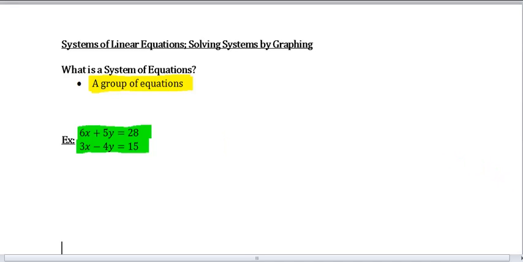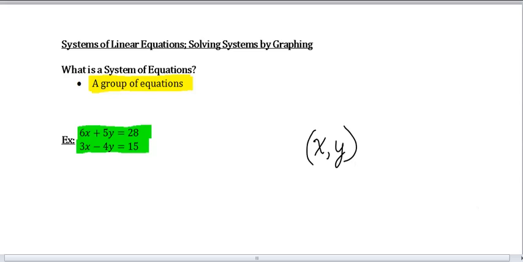Our goal in this section is to learn how to solve these by graphing. But before we learn how to solve them, we need to know what their solutions are going to look like. Of course, you see an x and a y, and our solutions are going to involve x and y. Normally when we have an x and a y, we put it as an ordered pair.